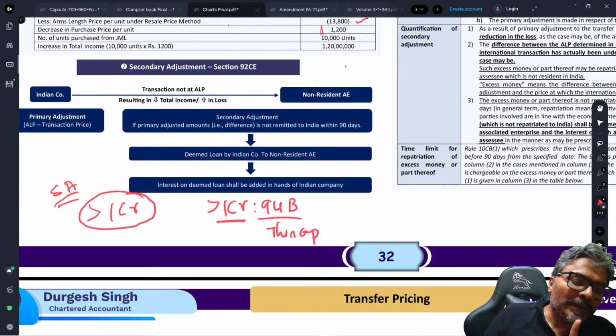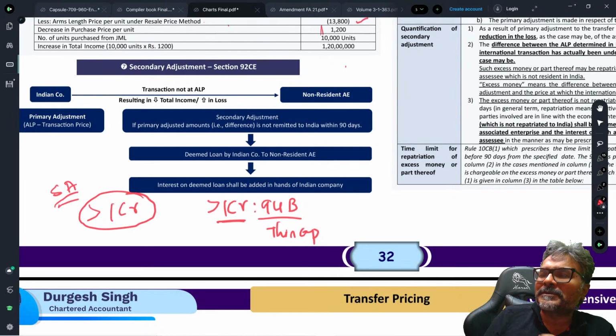So if the difference between the ALP and the transfer price goes beyond rupees 1 crore, that will be referred to as a primary adjustment.